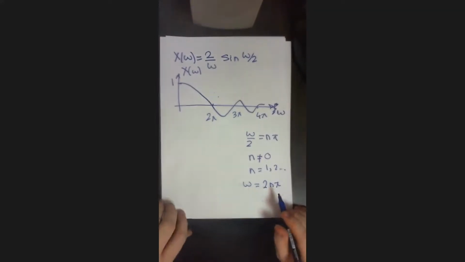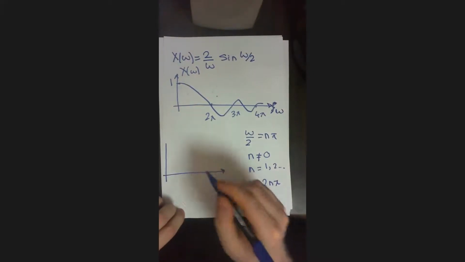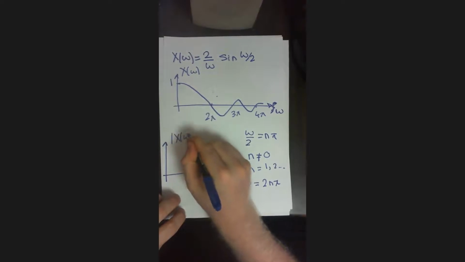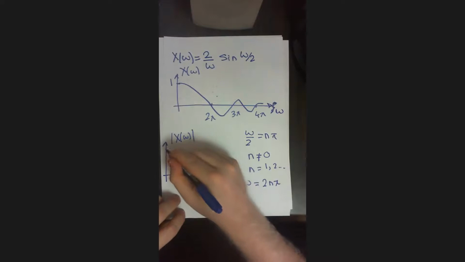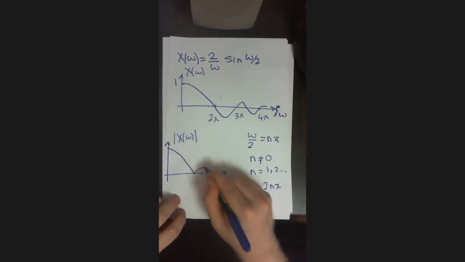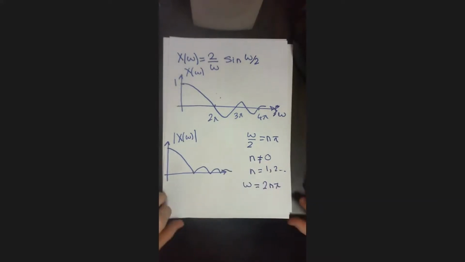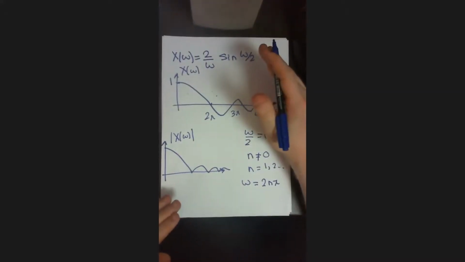If you would like to plot also the magnitude, or the absolute value, of X of omega, it will simply turn out to be a rectified signal, so it will be something like that, and so on. So this is simply X of omega. Now we have an X of omega, we have the H of omega.